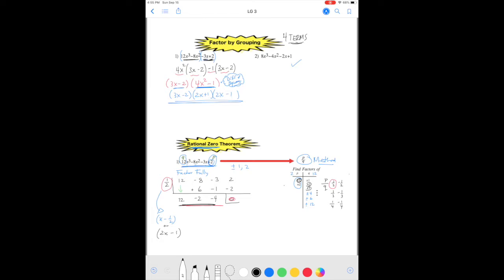Now we have to take this guy, the 12x squared minus 2x minus 4. Can this factor? Let's give it a go. Let's take out our GCF, because I know a 2 can go into all those. So 6x squared minus x minus 2. Now take this guy and let's do decomposition.